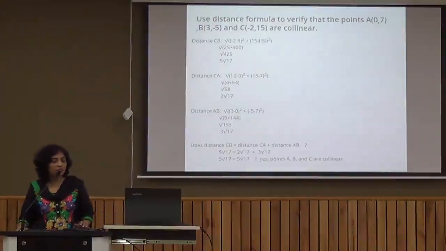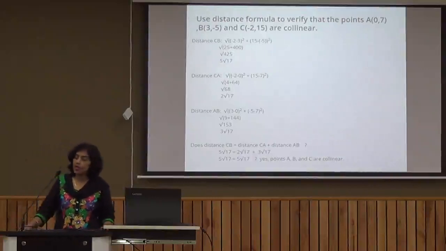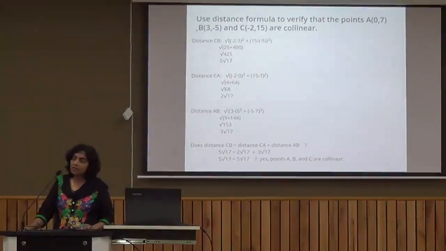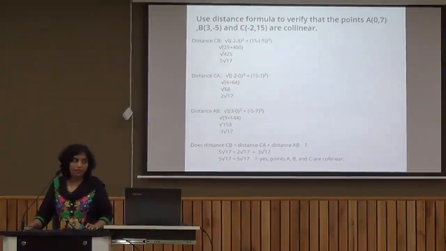So let's see an example. Use the distance formula to verify the points A (0, 7), B (3, -5) and C (-2, 15). So we first calculate the distance CB, which comes out to be 5 under root 17. Then we calculate the distance CA, which is 2 under root 17, and then the distance AB, which is 3 under root 17.